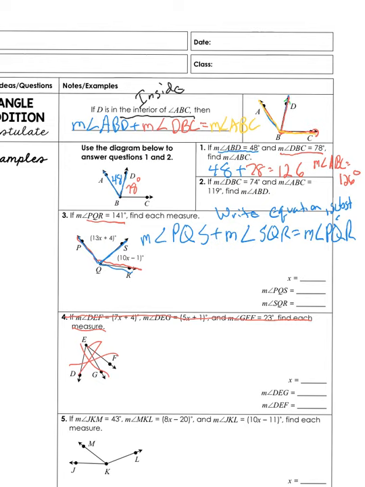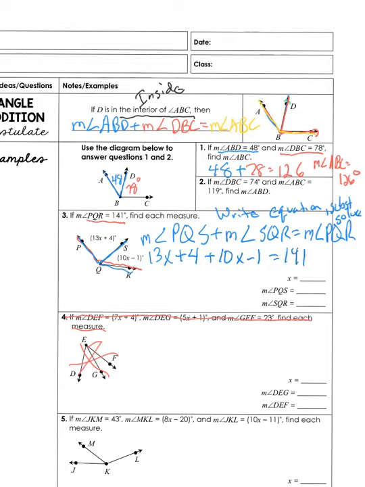And then third, you're going to solve. So PQS is 13x plus 4 plus 10x minus 1 equals the entire thing, PQR, which is 141.